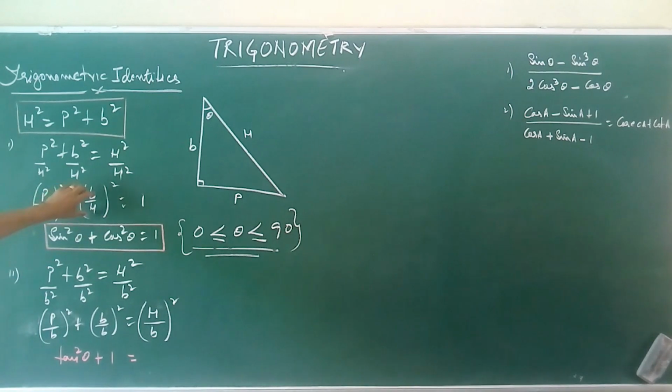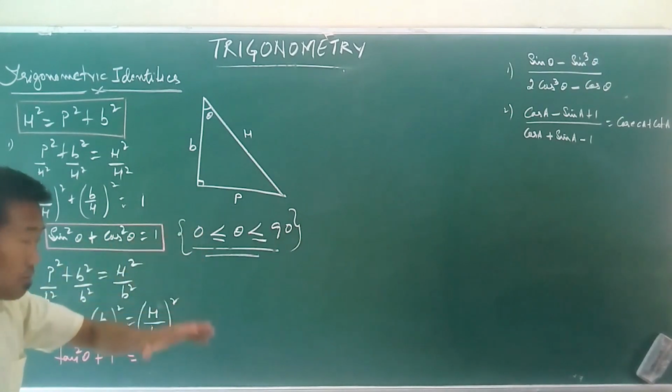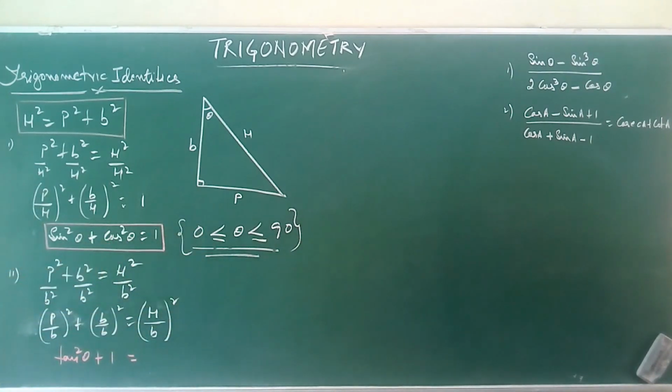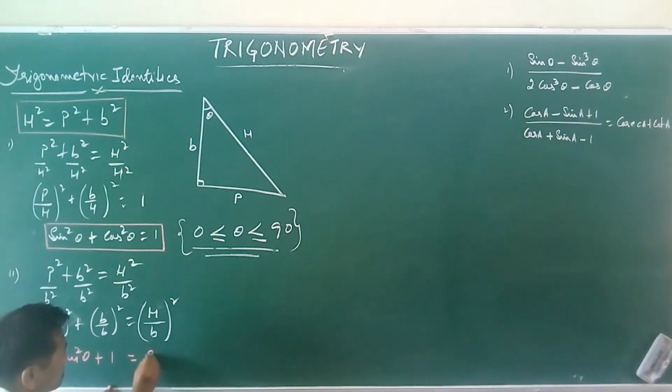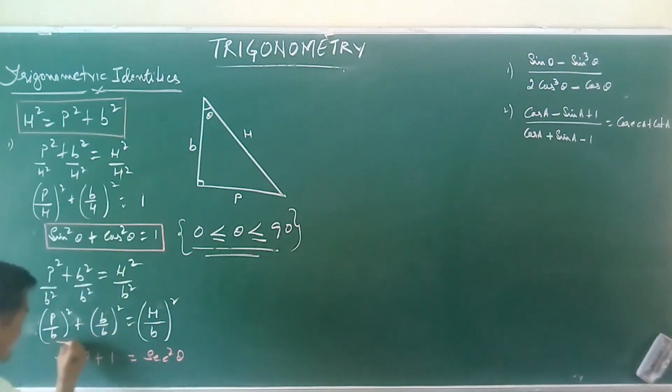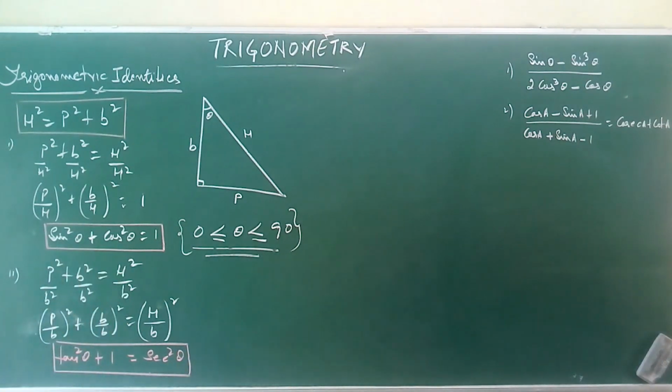The inverse of cos, we already learned about the reciprocals, the cos inverse is sec. So that means sec square theta. So it's sec square theta, and this is our second identity. So first identity, second identity.